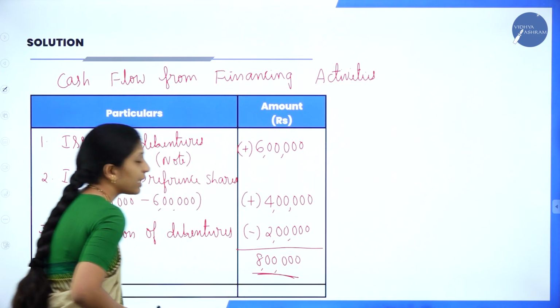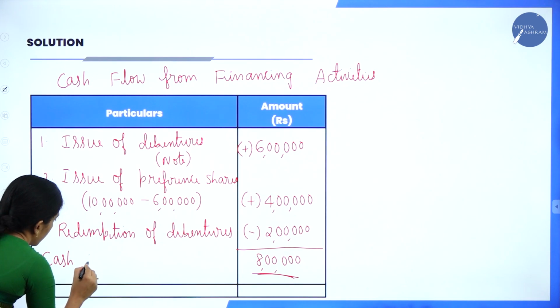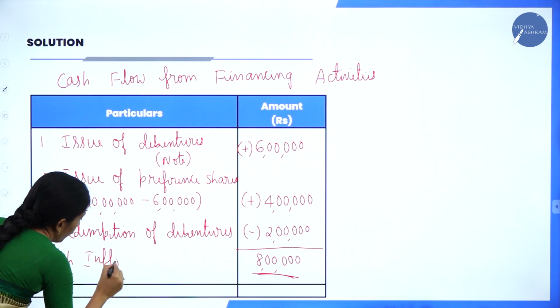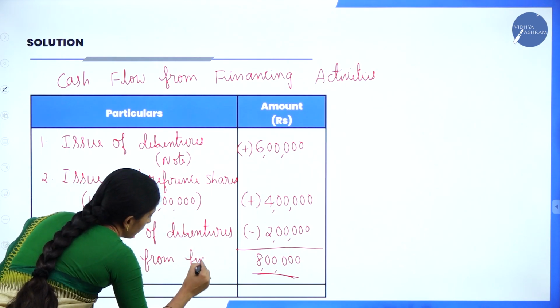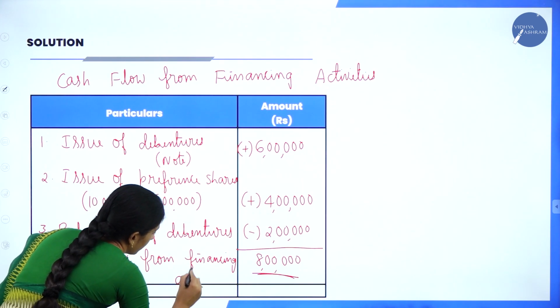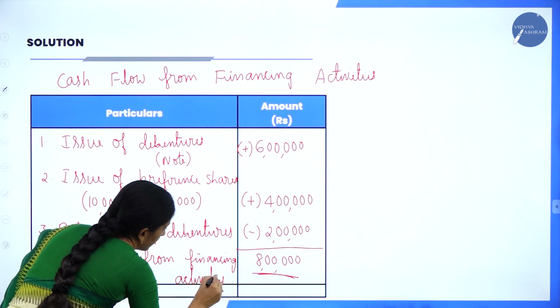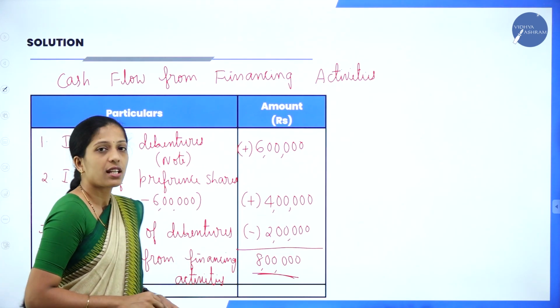So, this is what? Cash inflow from financing activities, that is rupees 8 lakh.